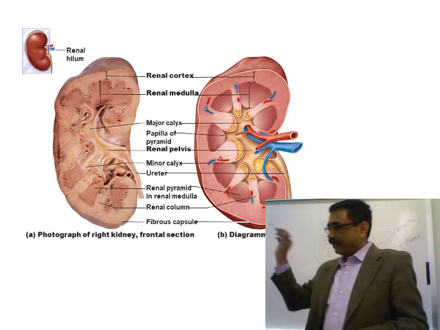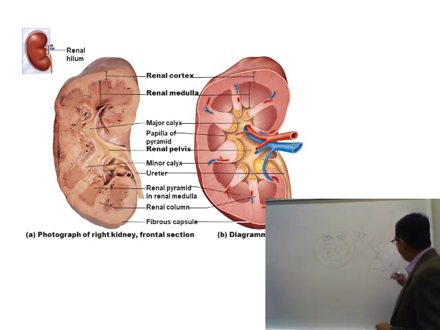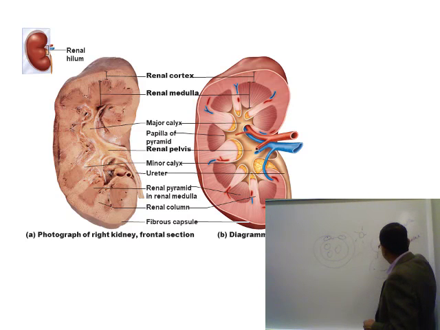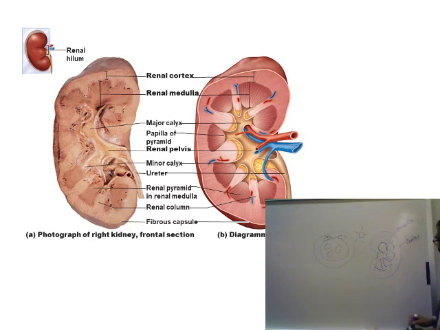Now, if you see the medulla, in the medulla you have triangular structures like pyramids, and those are called renal pyramids. Triangular structures in the medulla. So, renal pyramids.